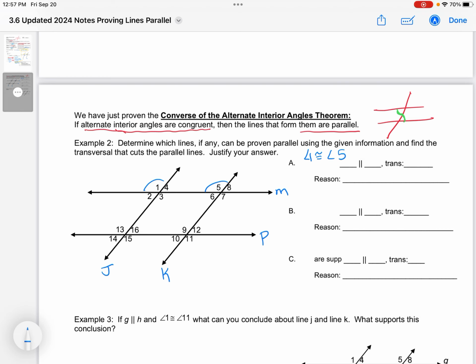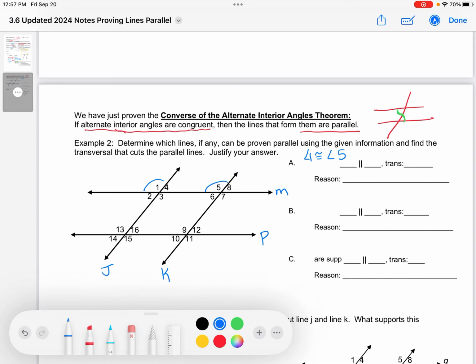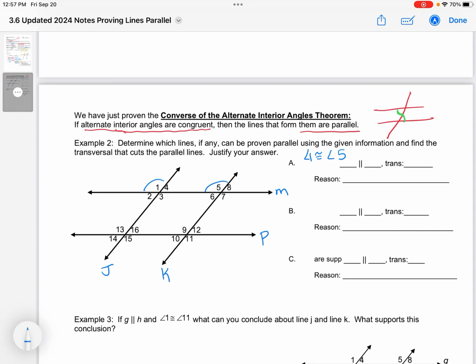Okay, so those are corresponding angles. For J and K, so J and K are parallel.